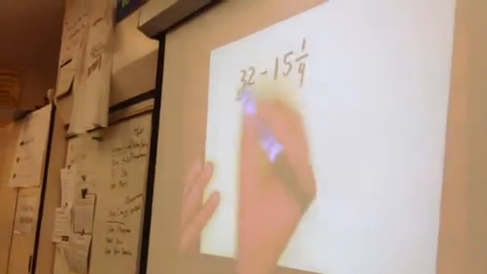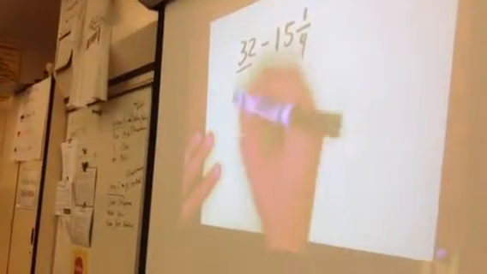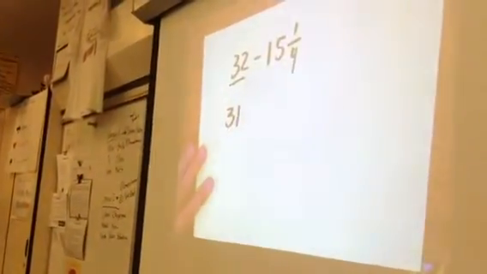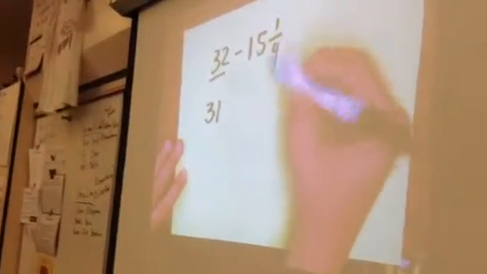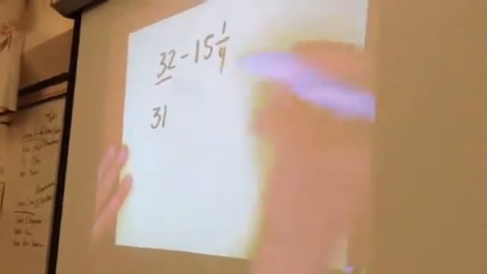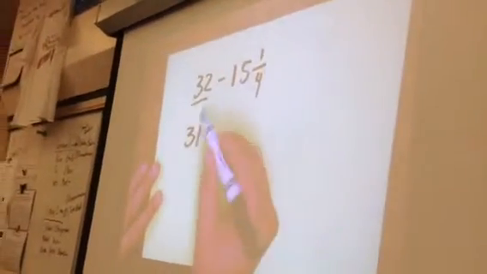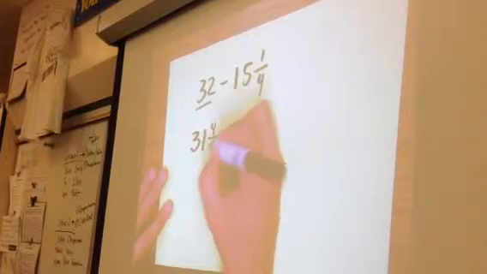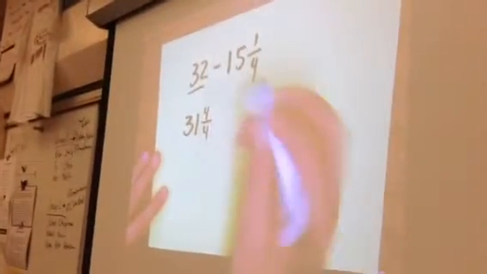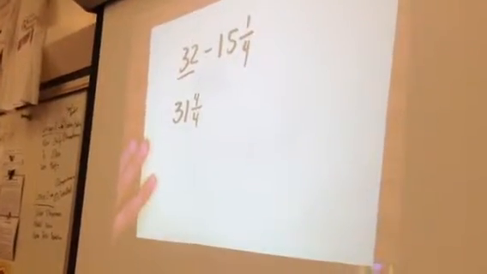So I'm going to take 1 away from 32 and make it 31. Because I've taken away that 1, I'm going to use the same denominator that I had over here. So I'm going to add my 1 as 4/4, because 32 is equivalent to 31 4/4.